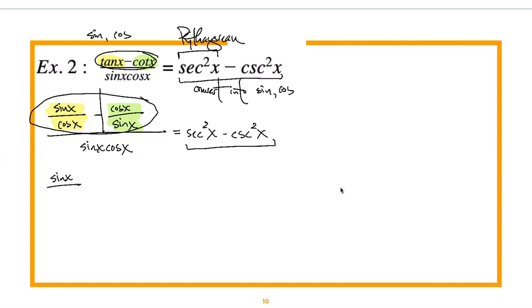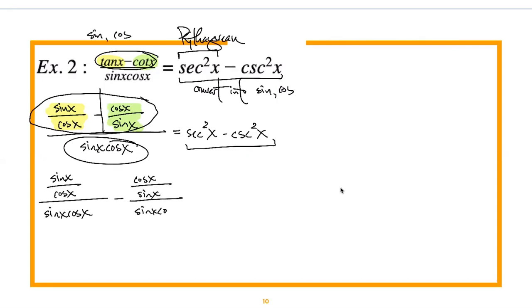Sine x over cosine x over sine x cosine x. That's the first fraction. Minus cosine x over sine x over sine x cosine x.